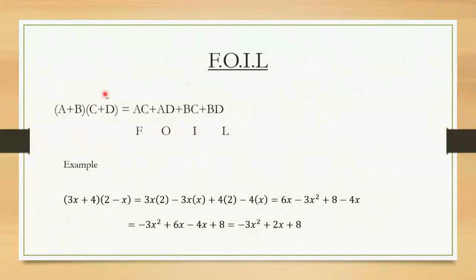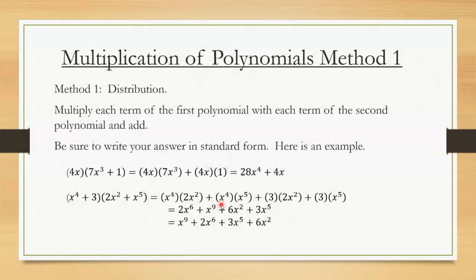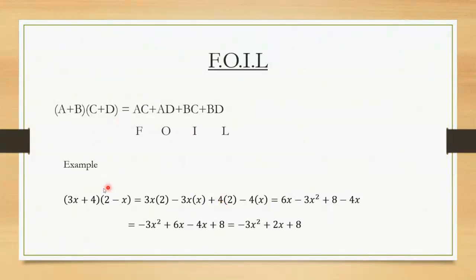The outer terms, that's A and D. The inner terms, that's B times C. The last terms, B times D. A times C is the first, outer is AD, BC is the inner, BD is the last. That's actually what we did here. I mean, it's distribution, but you can remember it for two binomials as FOIL.